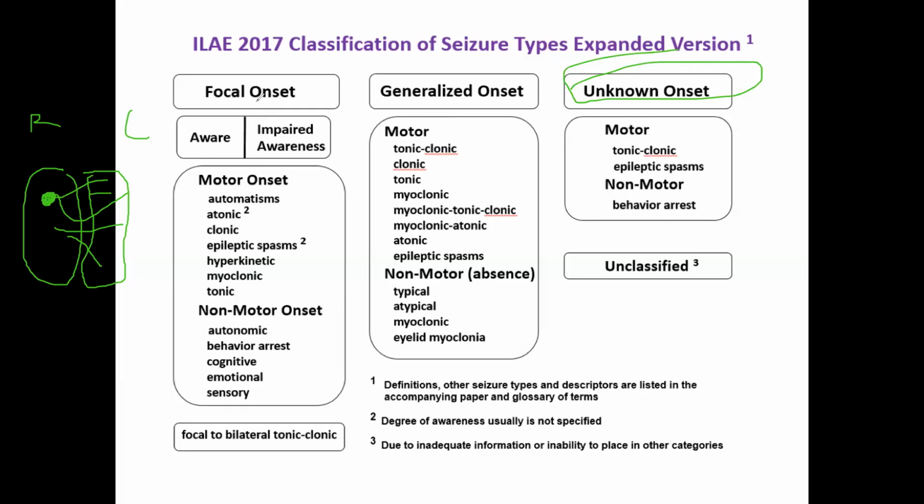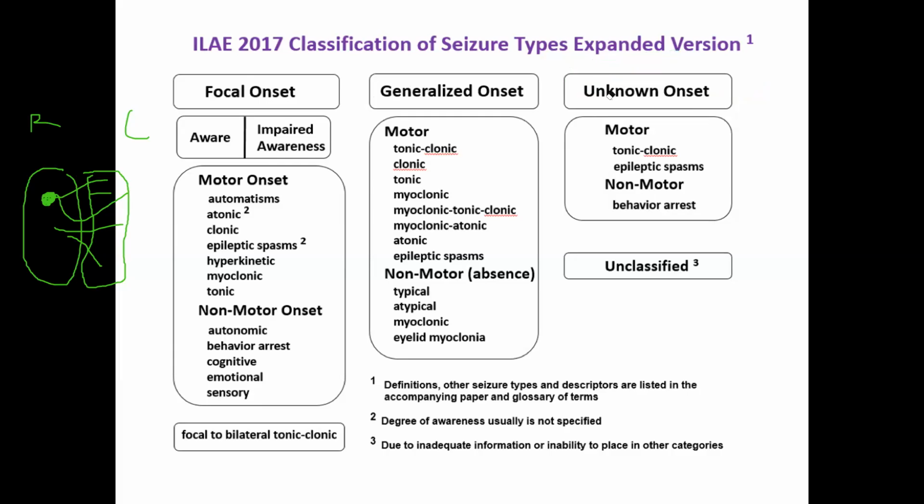Basically, if you have walked in on a patient towards the end of the seizure, you don't know where it originated from. You don't know if one side has been involved or both sides have been involved from the beginning. So before the unknown onset, I'll come to this other term that was used before.